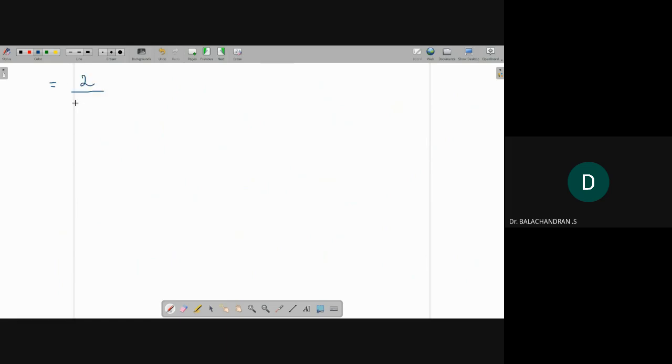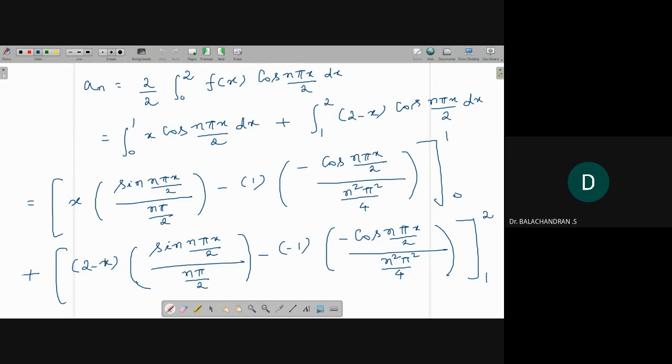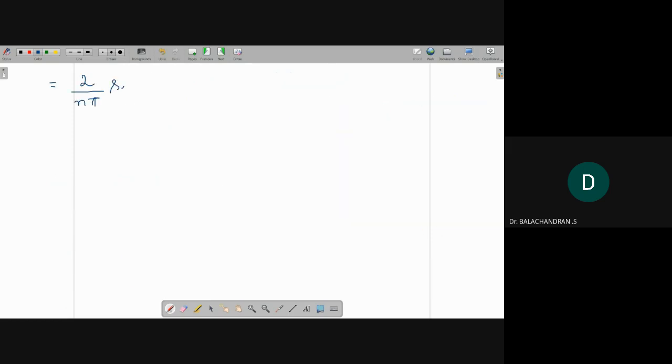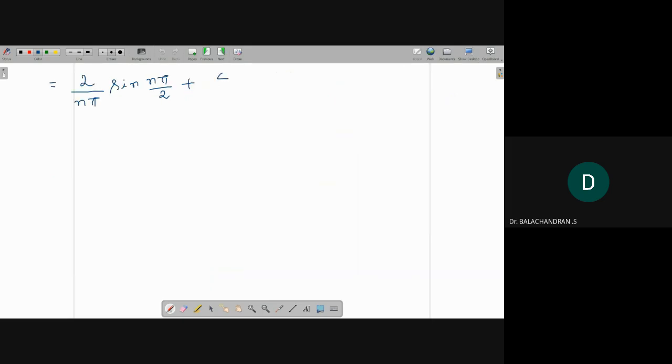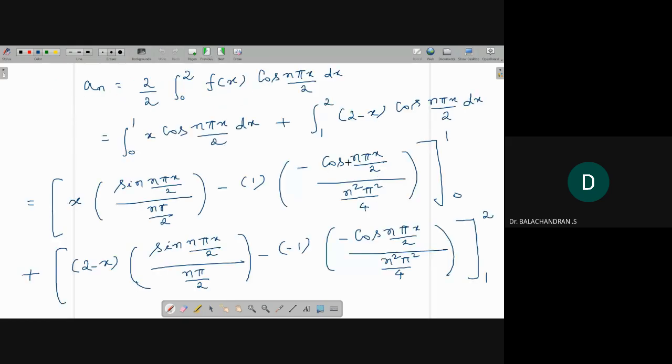Here x is equal to 1, so 2 by n pi sin n pi by 2, plus minus of minus plus 4 by n square pi square cos n pi by 2, because x equal to 1.